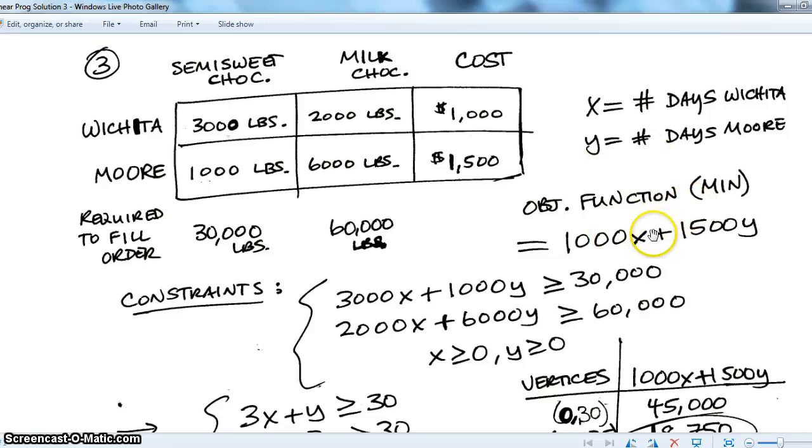Our objective function is the cost here, not the profit or revenue. So how much does it cost? Well, if it's $1,000 a day at the Wichita plant, then if the Wichita plant goes for x days, it's going to cost 1,000x. Wichita, 1,500y at Moore.